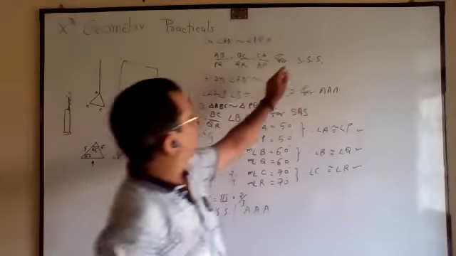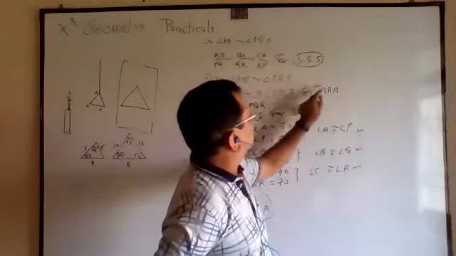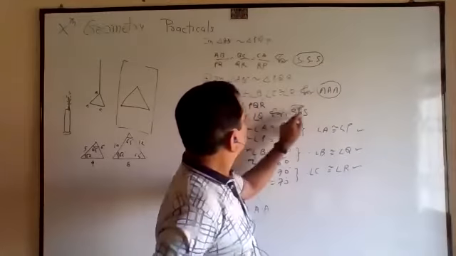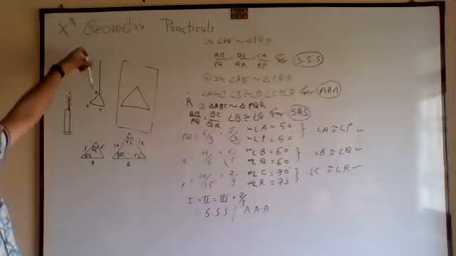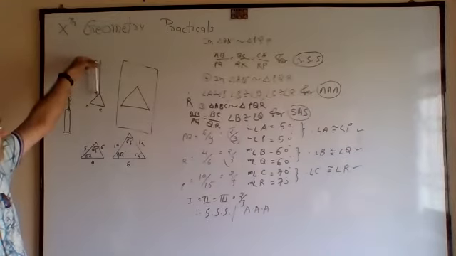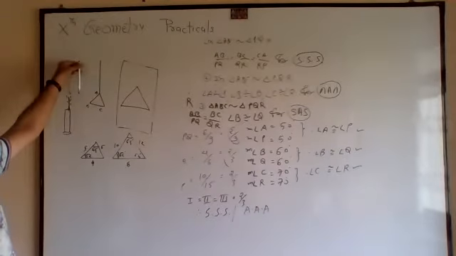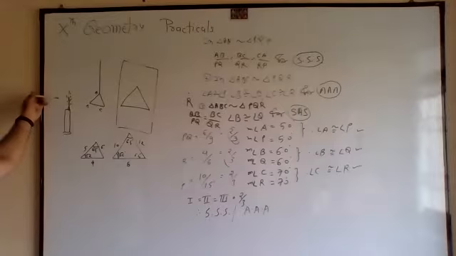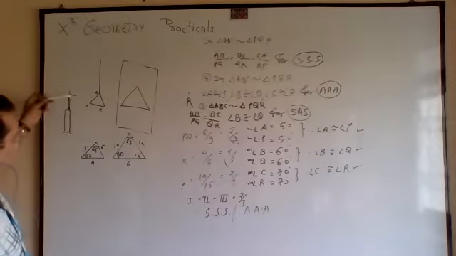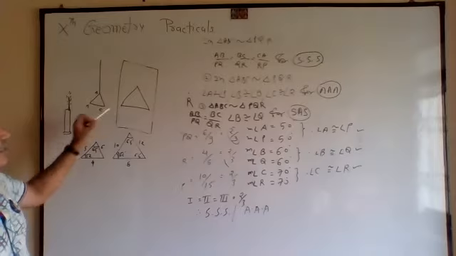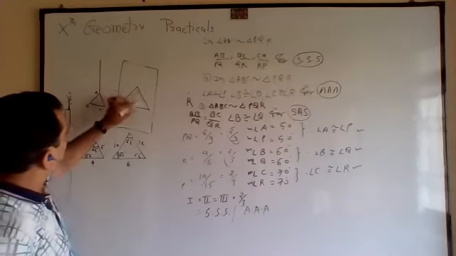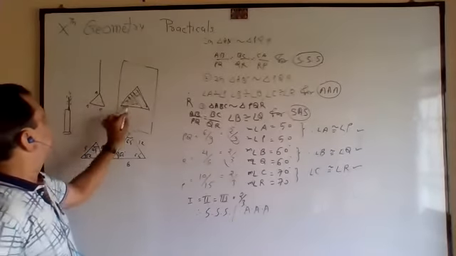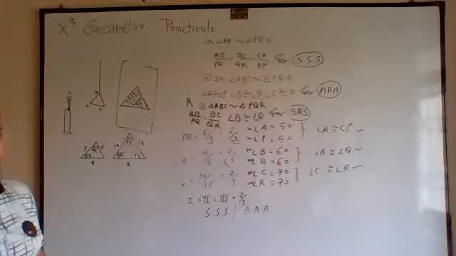So I'm asking about that upper diagram. This is a hanging cardboard triangle, correct? This is a burning candle. So it will form a dark shadow on a screen.